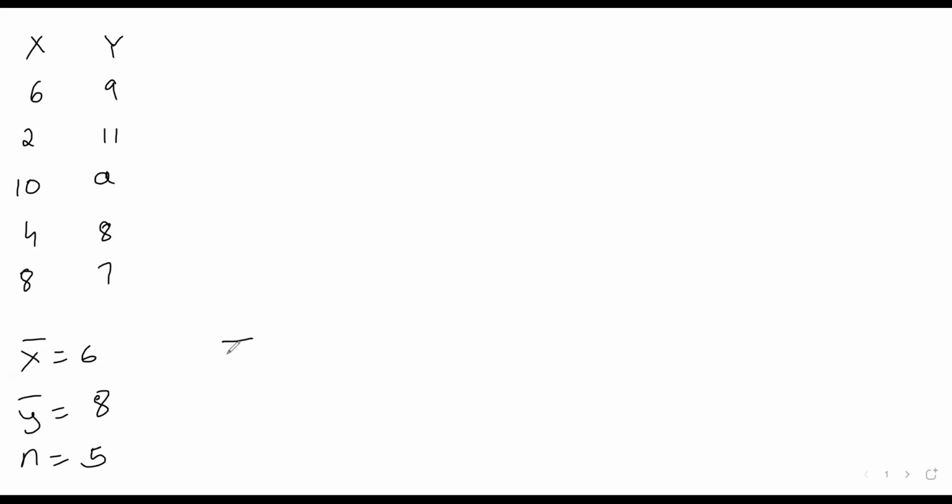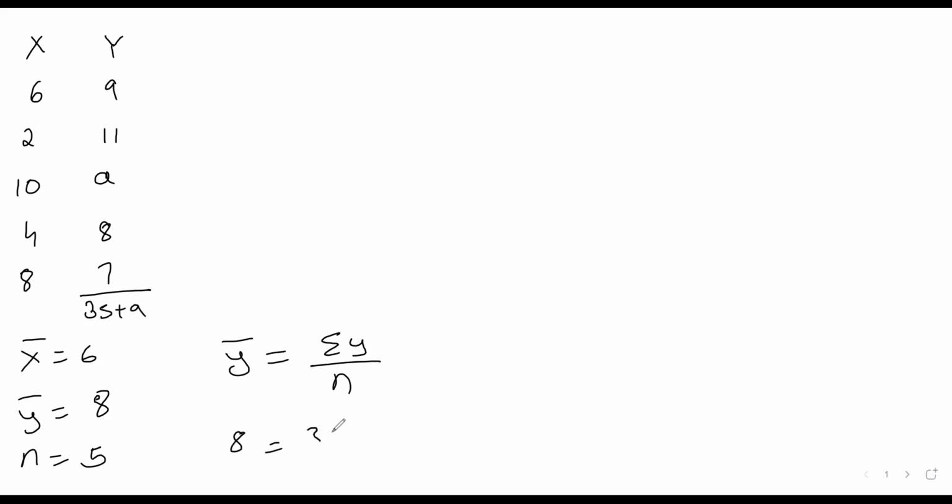The formula for mean is bar y is equal to summation y upon n. That is addition of all y upon n. Now what is addition of all y? This is 15, 15 plus a, 15 plus 11, so 26 plus a, 26 plus 9, this is 35 plus a.